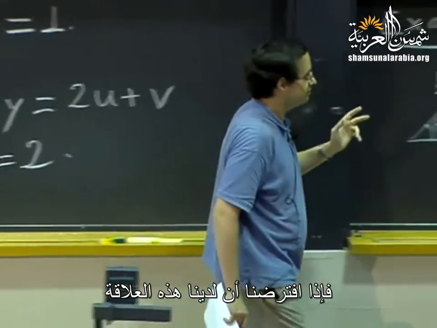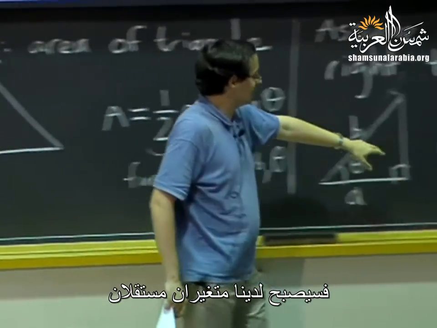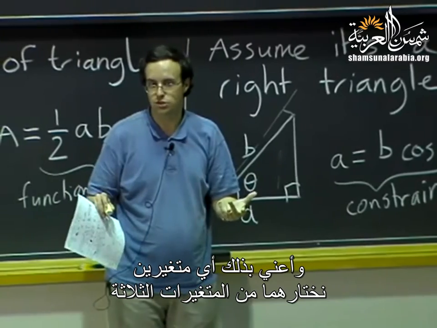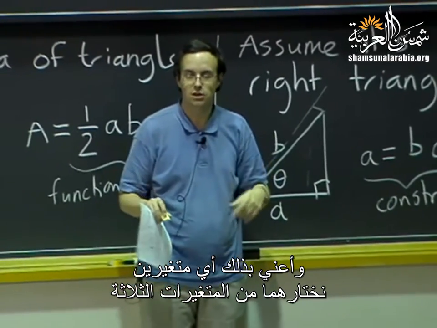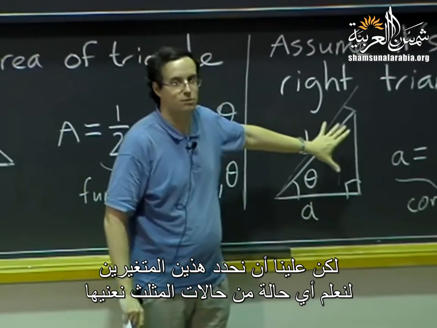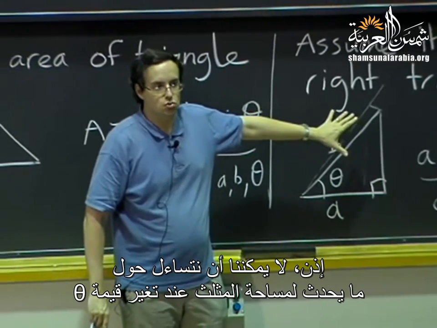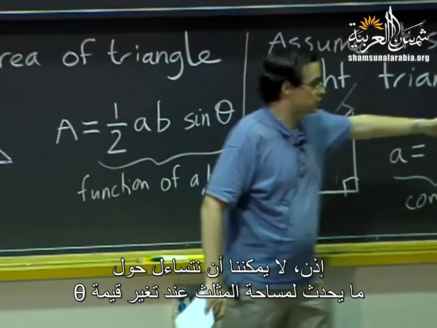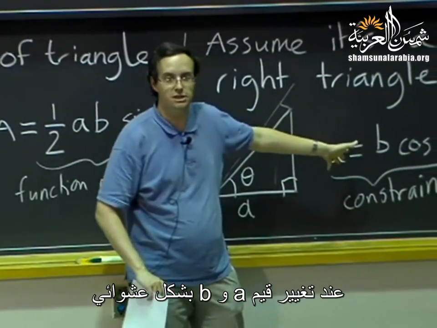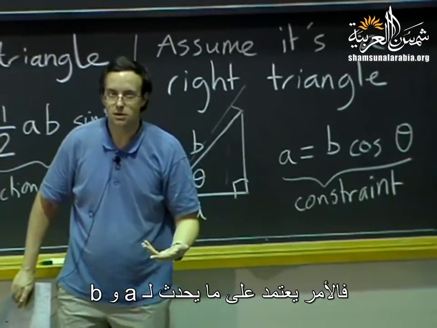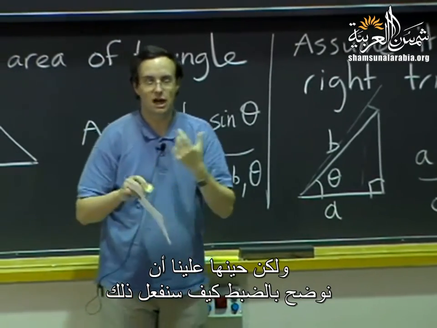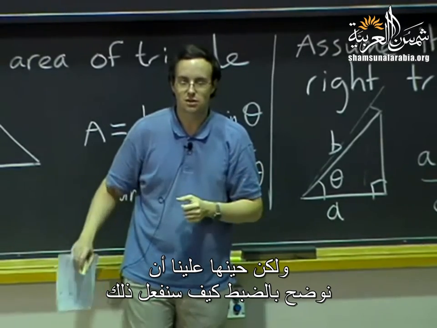If I have this relation, that means I have two independent variables left, whichever two of the three I want, but I still have to specify two of them to say exactly which triangle I mean. So I cannot ask how it will change if I change theta and do random things with A and B. It depends what I do with A and B. Of course, I could choose to change them simultaneously, but then I have to specify how exactly I'm going to do that.